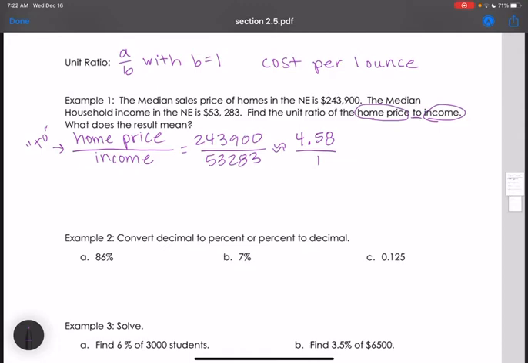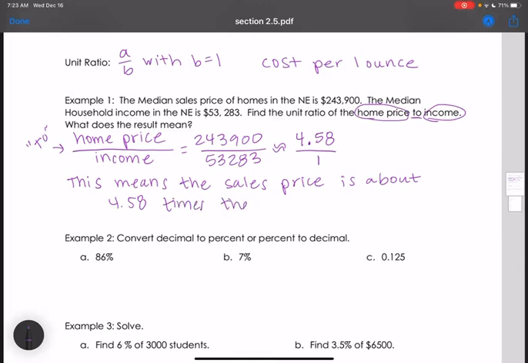What this means is that the sales price is about 4.58 times the income. So let me write that in. All right, looks good.